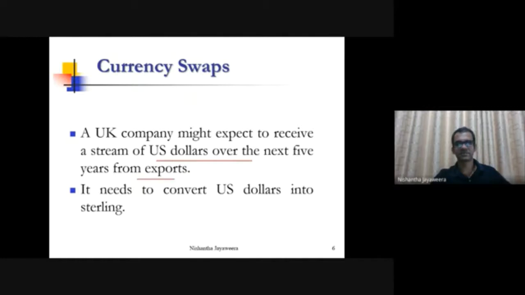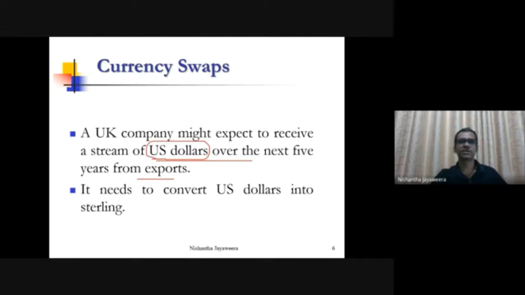Is it clear? A firm in UK is expecting a series of annual cash flows over the next 5 years, but in US dollars.